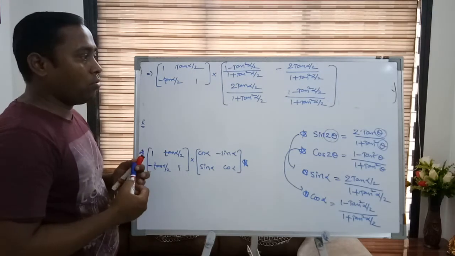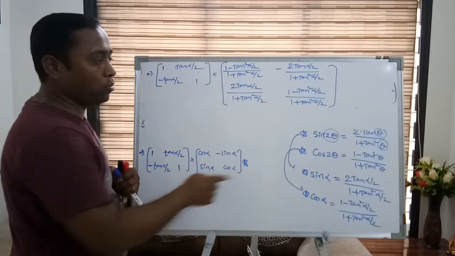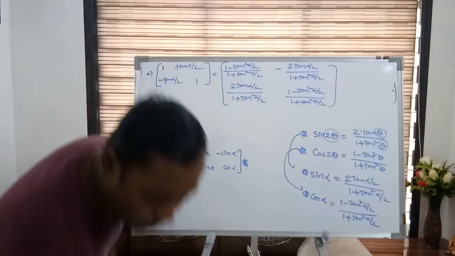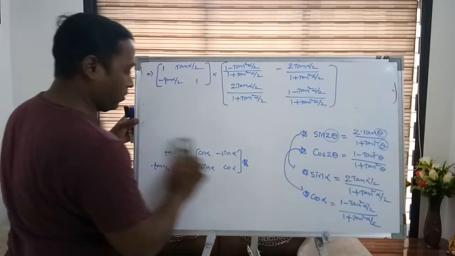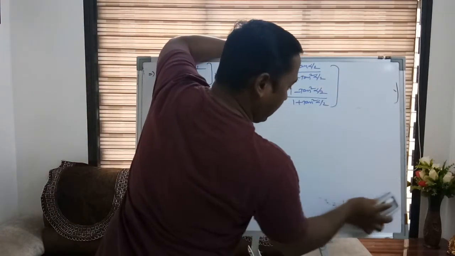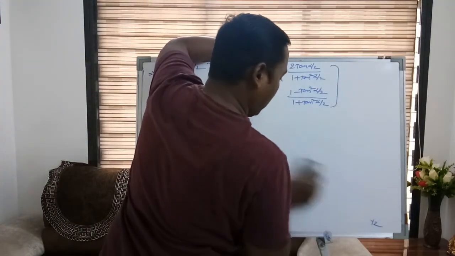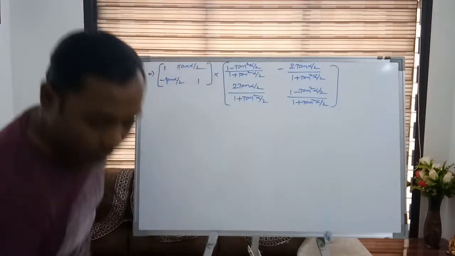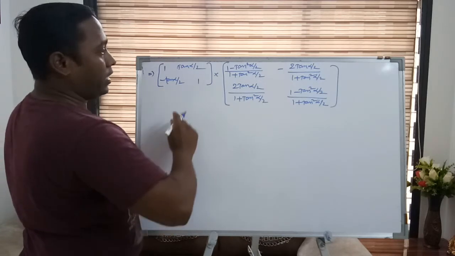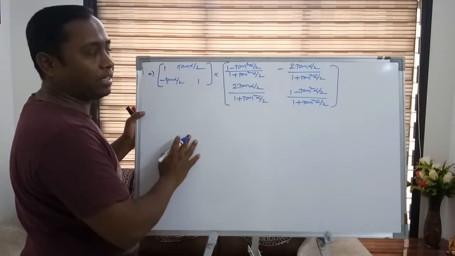I hope you have understood why I have used these formulas, why I am converting sin and cos in terms of tan. Now only the simplification part is left. It looks like a complicated figure.